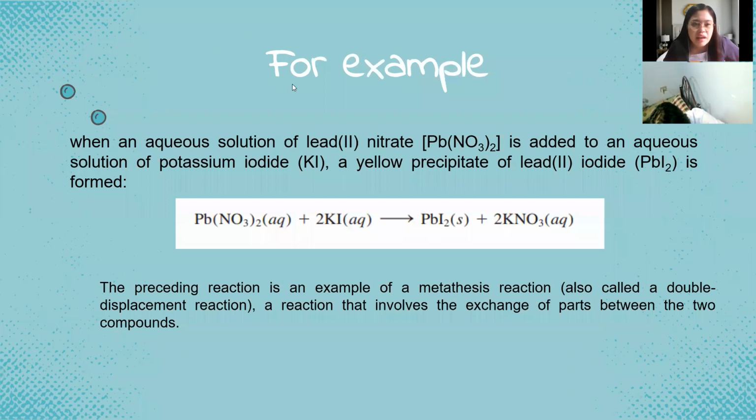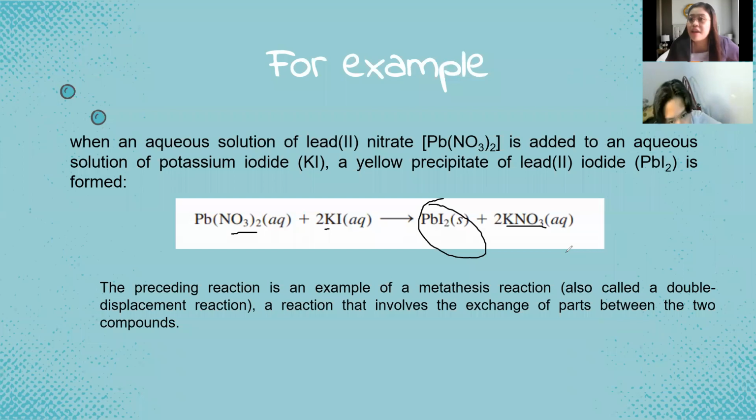We have here exchange parts or exchange partners between the compounds. So again, we have here lead nitrate reacting with potassium iodide, and then as you can see, they exchange their partners. Lead is now partnered with iodide in the product. That is why you have there the lead iodide. And then the potassium will now be partnered with the nitrate. So you have there potassium nitrate.